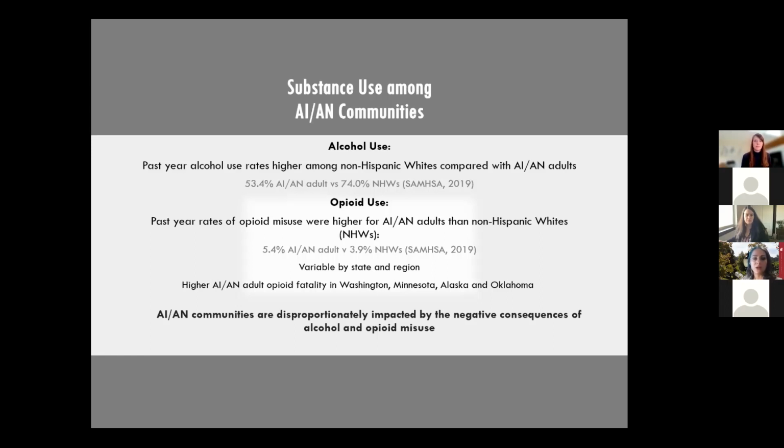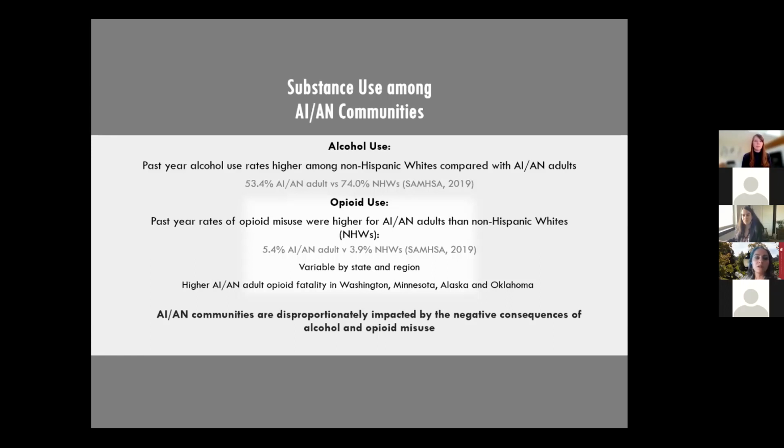Depending on your data set, opioid use or misuse might vary. So sometimes non-Hispanic white communities have higher or lower rates. This statistic shows that the prevalence is higher among Native communities in 2019. But I just want to highlight that this is variable by state and region, both in alcohol and opioid misuse.